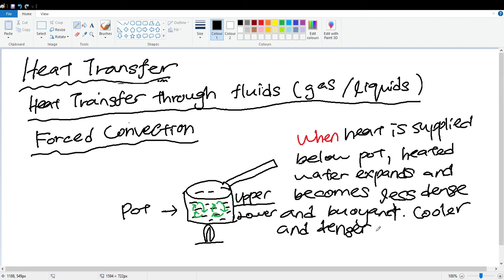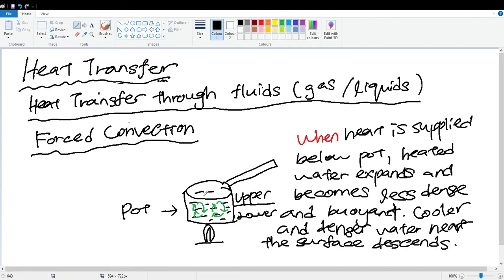Water near the surface. Okay, so the cooler water, which is at the upper part, will actually descend due to the higher density compared to the hot water, and hence it will descend.